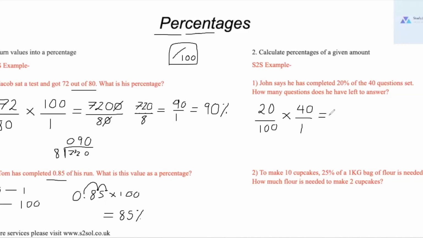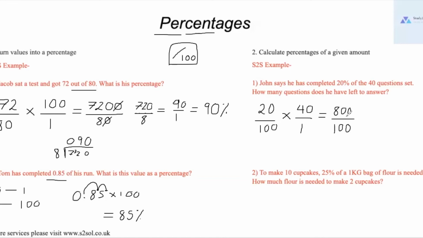So this is equivalent to 800 over 100. So to find how many questions is equivalent to 20%, we need to do 800 divided by 100.